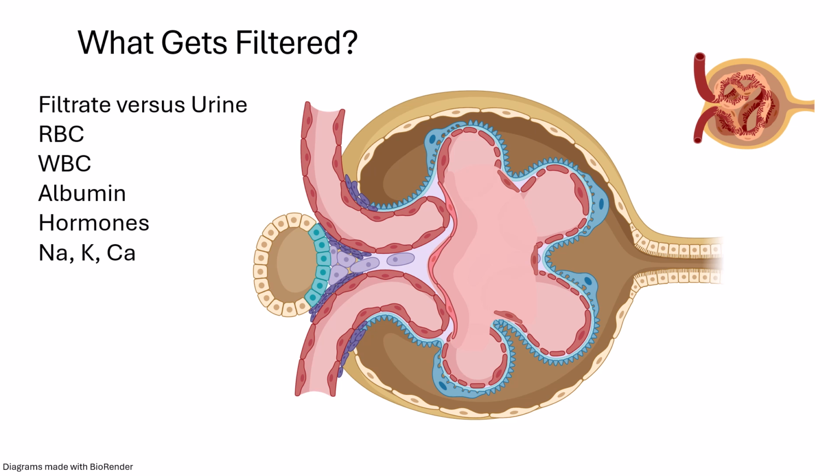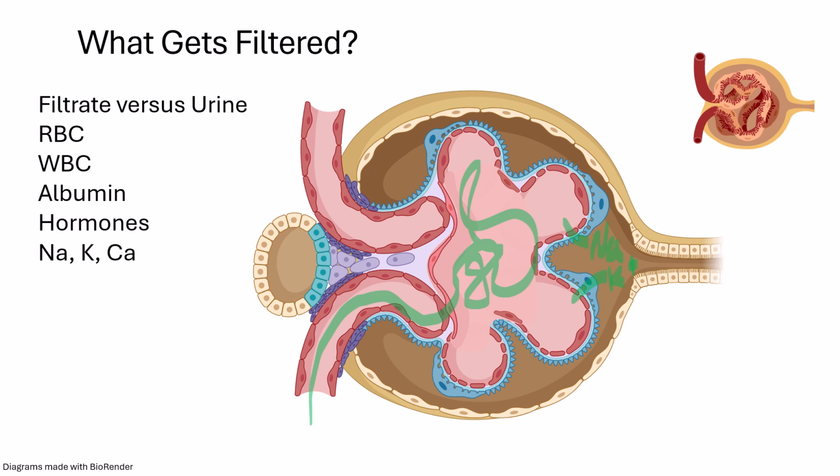As whole blood flows along in the fenestrated capillary, small substances like ions of sodium and potassium are all leaving the fenestrated capillary, fitting through the holes, and then fitting through the filtration slits of the podocytes that are blue on this picture.